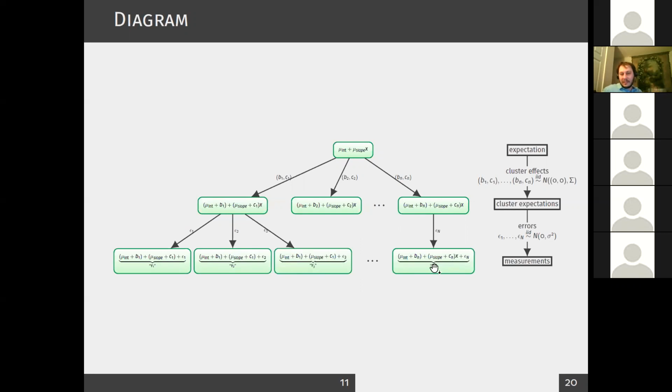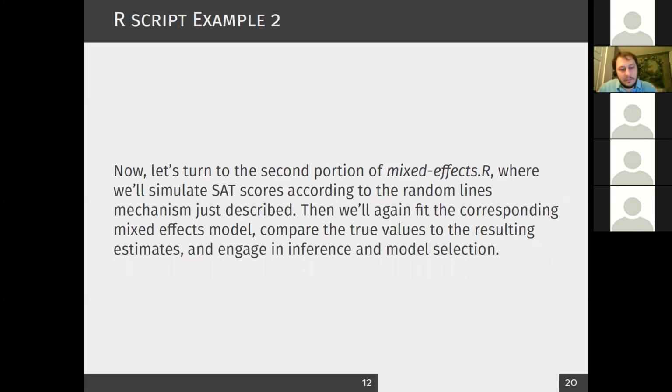If the capital Nth person came from school lowercase n, then you just need to think that there's some normal 0 sigma squared draw kicking that person's SAT score off of their school's line of expected SAT scores. All right, back to the script.